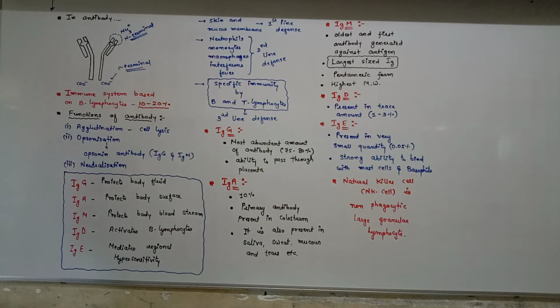Natural killer cell, short form NK cells. Natural killer cell is a non-phagocytic, large granular lymphocyte. Fine. So this is the detailed information of the antibody and related MCQs.